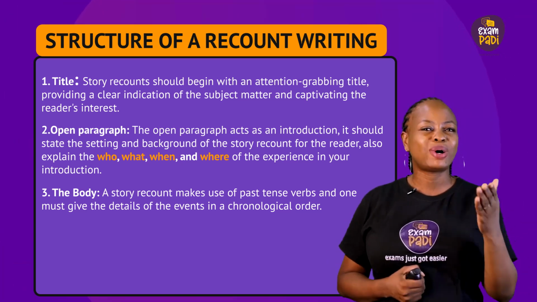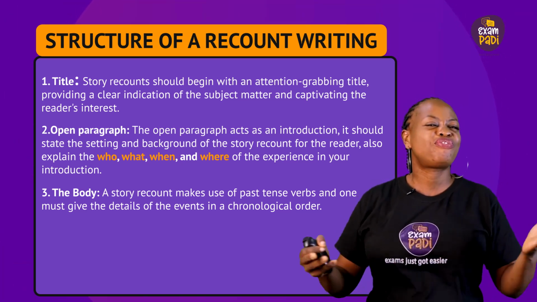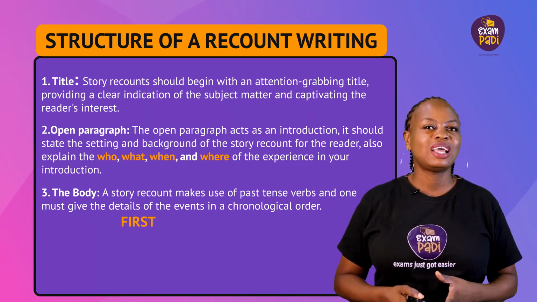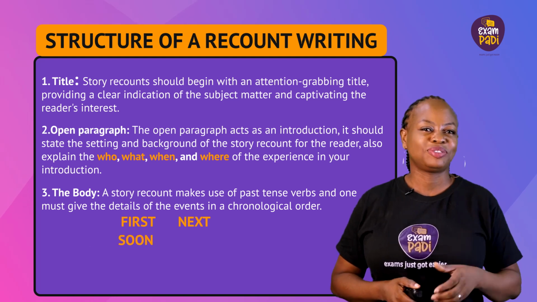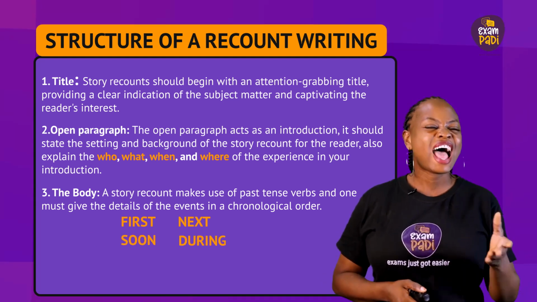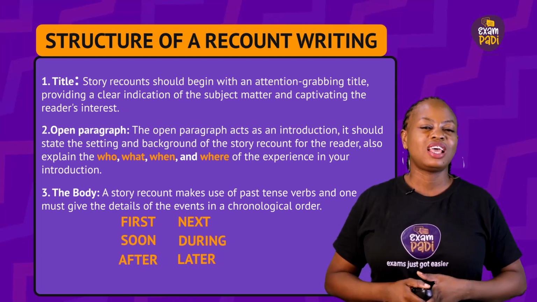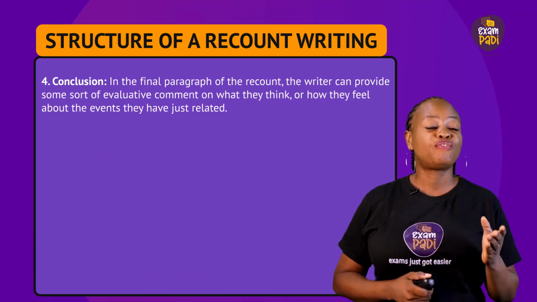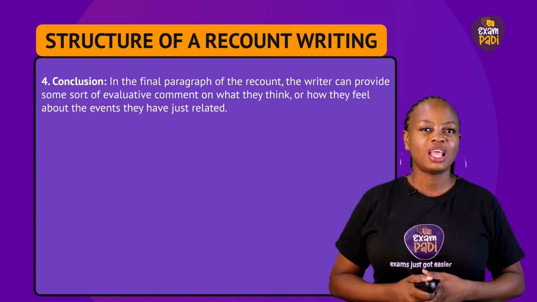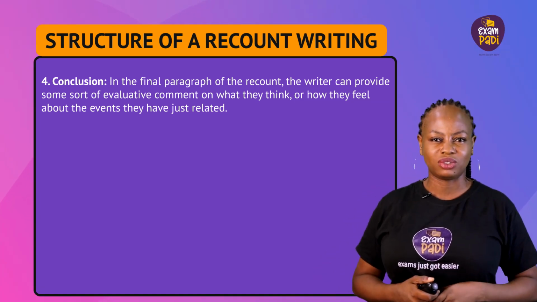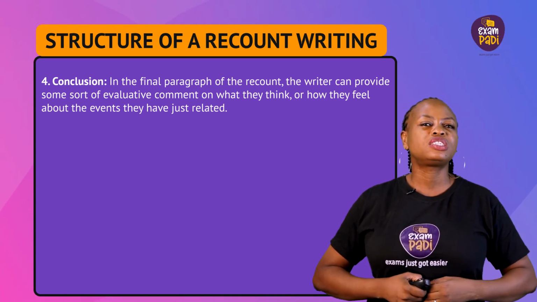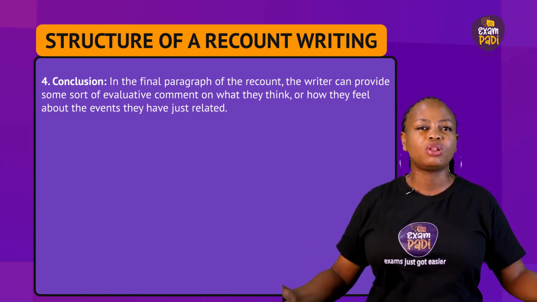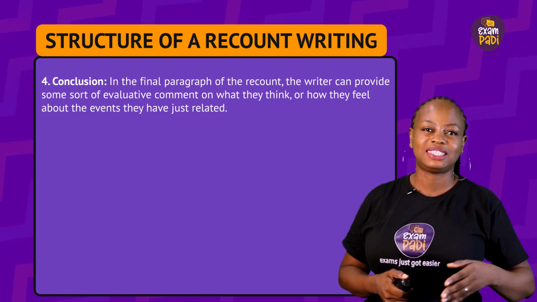When constructing the body of your composition, you have the freedom to use words such as first, next, soon, during, after, later, eventually, finally, and so on. 4. Conclusion. In the final paragraph of the recount, the writer can provide some sort of evaluative comment on what they think or how they feel about the events they have just related.